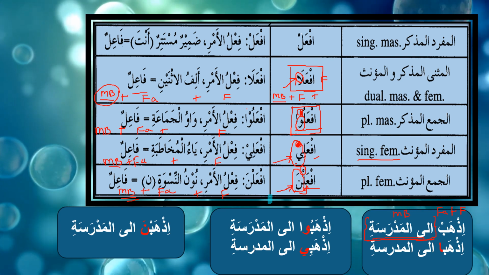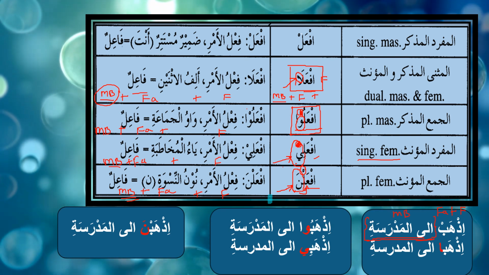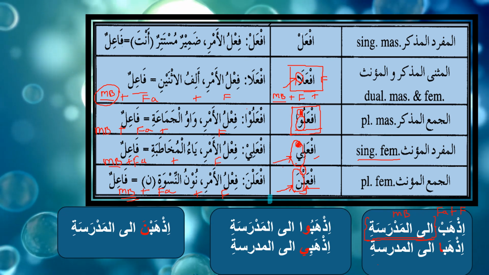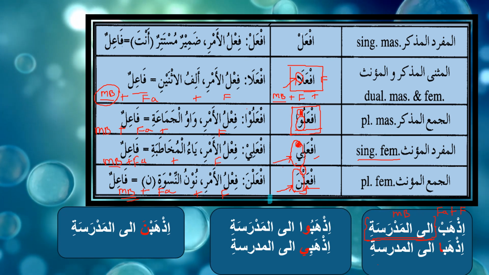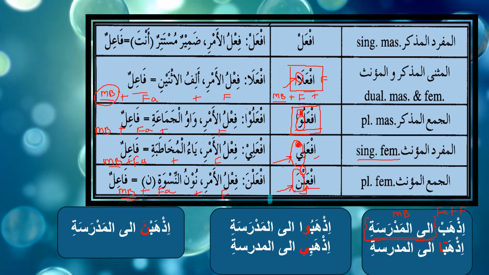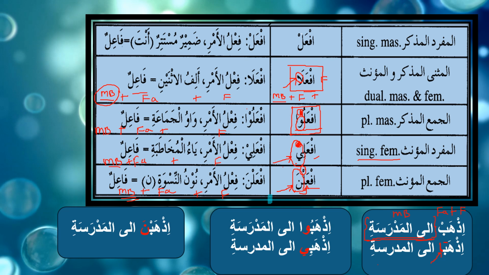Now seeing another example: idhaba ilal madrasati. Similar to idhab, but now the ba has a fatha. Why? Because of the long vowel coming into existence.